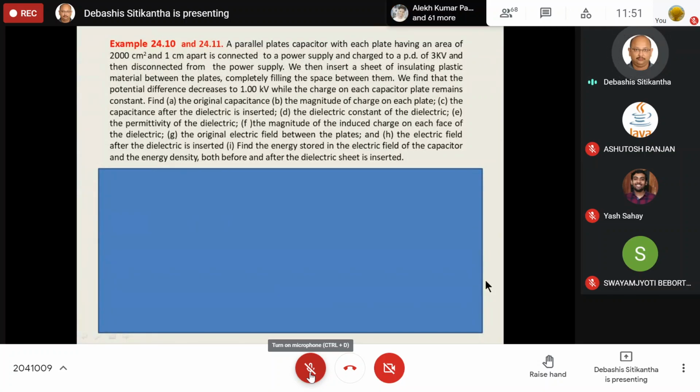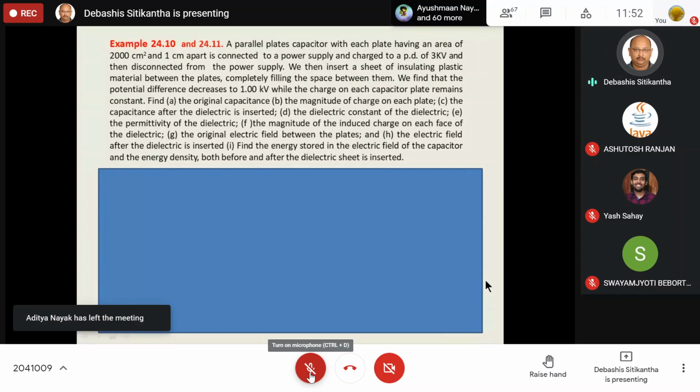A parallel plate capacitor with each plate having an area of 2000 centimeter square. So capital A is given to you, and 1 centimeter apart, so d is given to you, is connected to a power supply and charged to a potential difference of 3 kilovolt. So V is also given to you, and then disconnected from the supply. That means it is first charged and then disconnected.